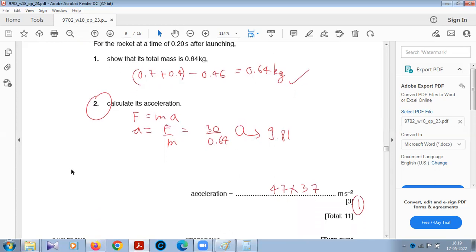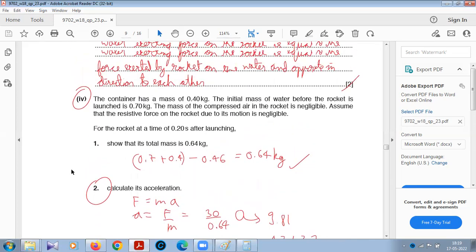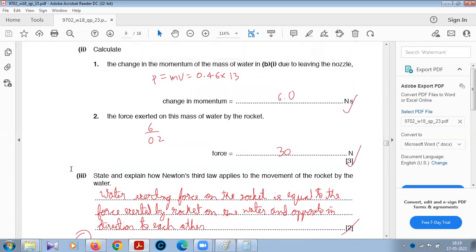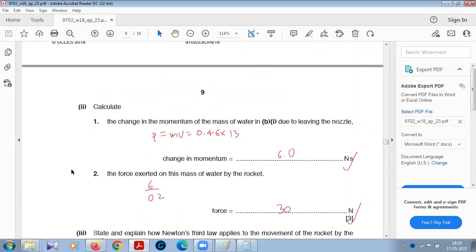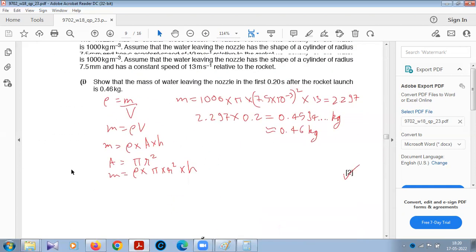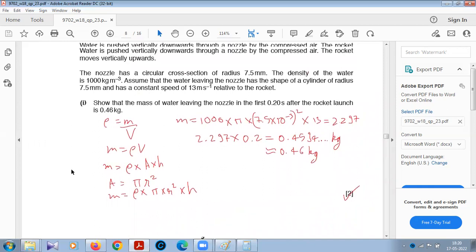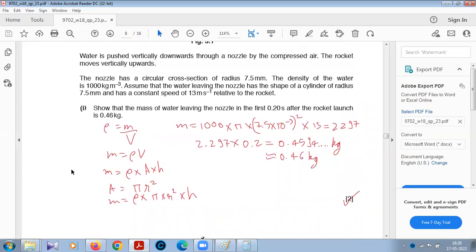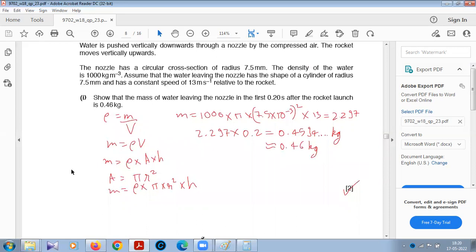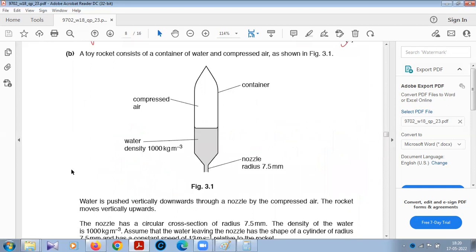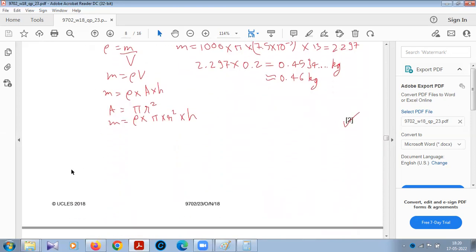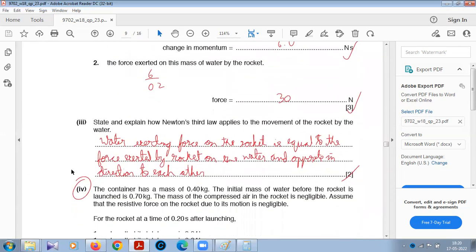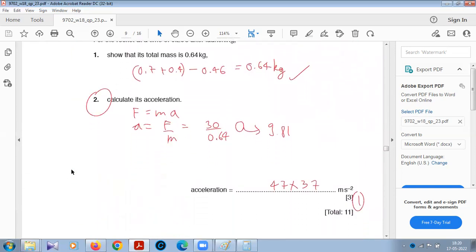F is equal to m into a, a is F by m. So the same force, 30 Newton, will act, and force divided by the mass.